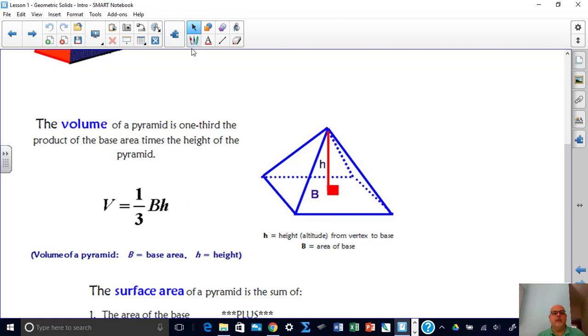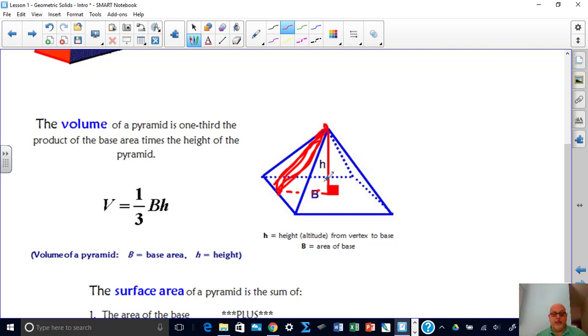Let me get a pen here. You need to find this dimension right here. If I can draw it down, it's a little sloppy, but see this line here? That's the altitude of the triangle going down the face of the pyramid. If you look at this, it forms a right triangle because the altitude from the point down is perpendicular.